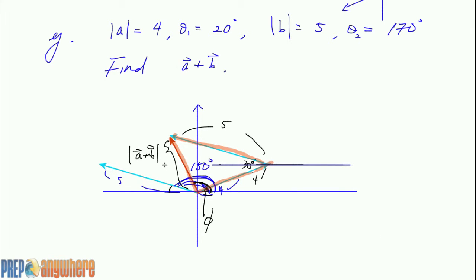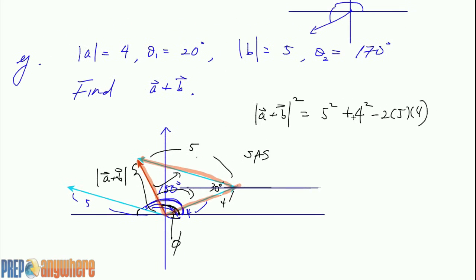So to find the magnitude of A plus B, you can now use the cosine law. This is side, angle, side. If you remember from trig, sine and cosine law, this is a case where you use the cosine law. So this is the sum of the squares of the two sides, 4 squared plus 5 squared, minus 2 times 5 times 4 times cosine of the opposite angle.